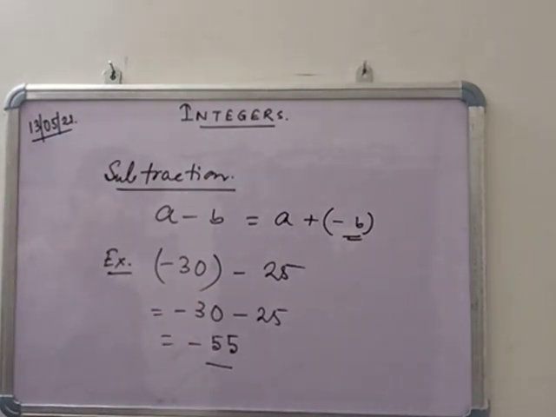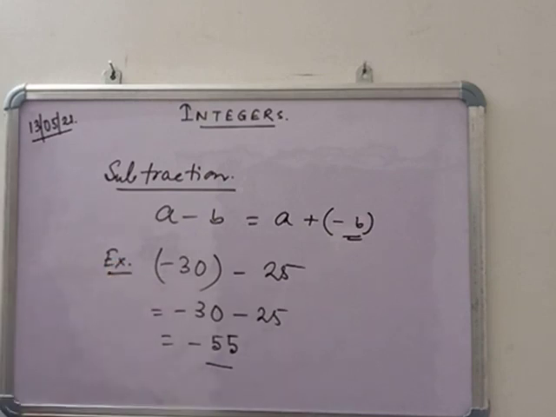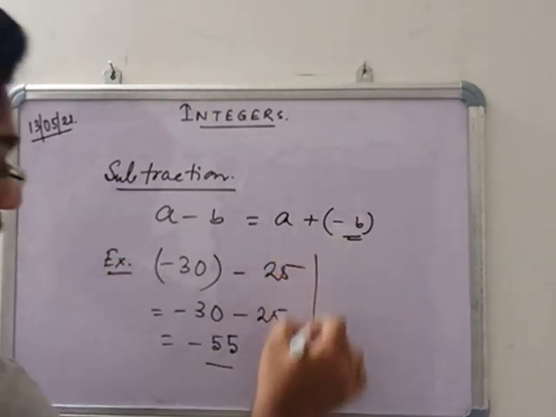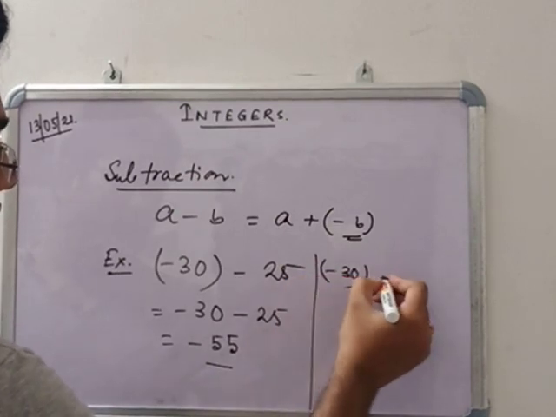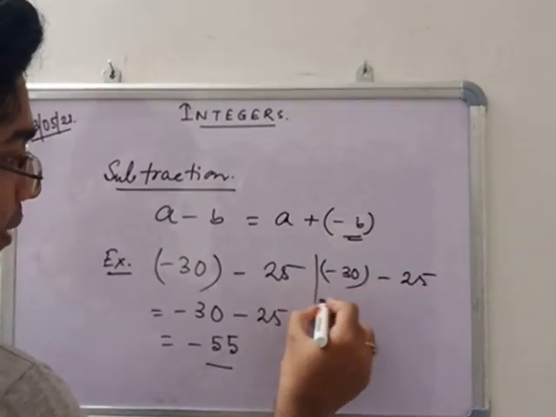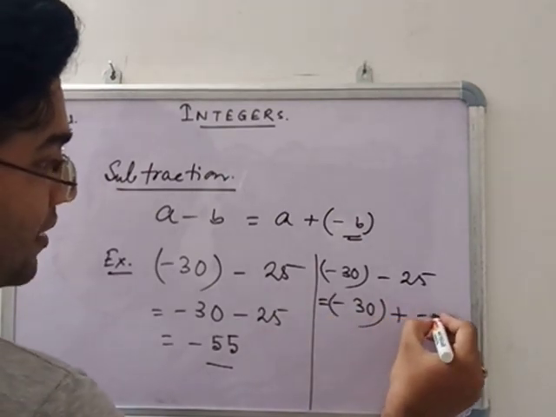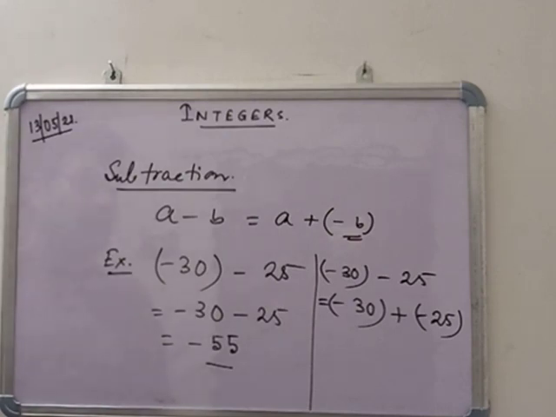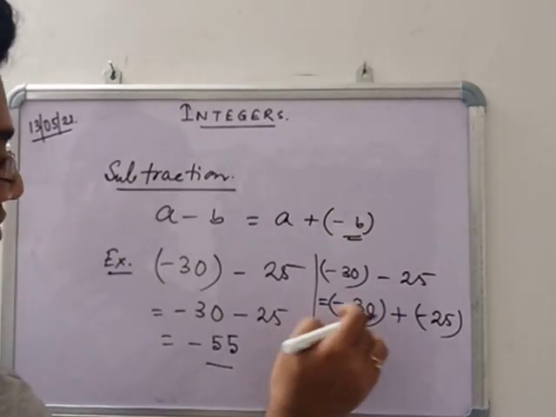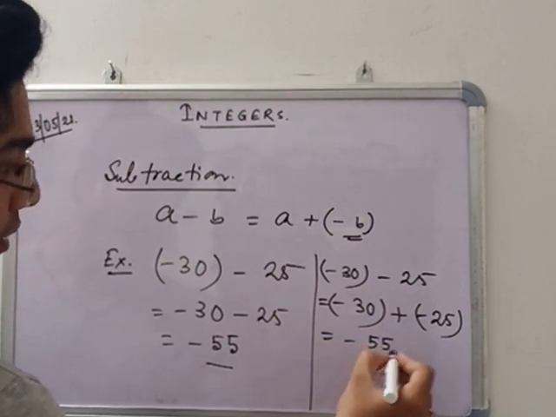When the signs are the same, we add these two numbers and the sign stays. In the addition form, minus 30 minus 25 is expressed as minus 30 plus minus 25, that means minus 55.